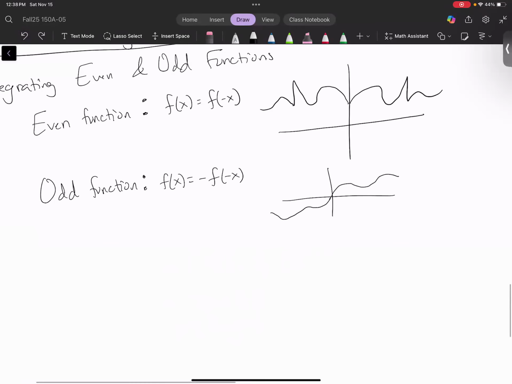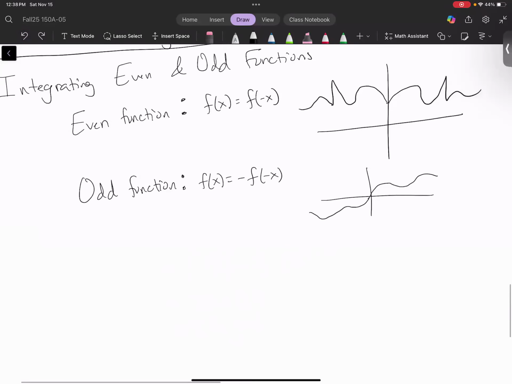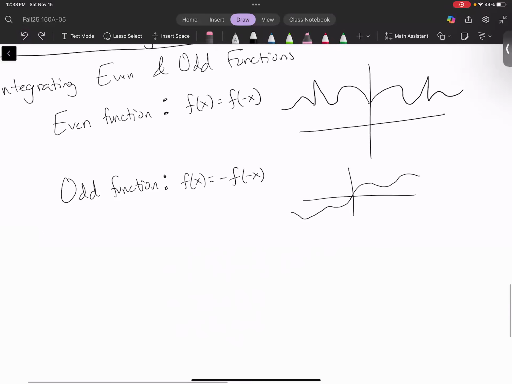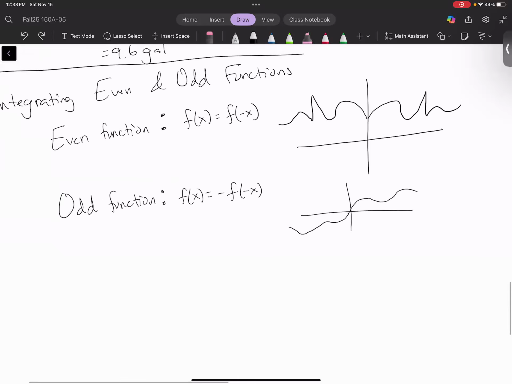So it just so happens, and maybe you can tell from the picture if we're going to be doing the integral. Let's look at an even function. If I'm integrating from negative a to a of this even function, this is actually just double the integral from 0 to a of f of x dx.